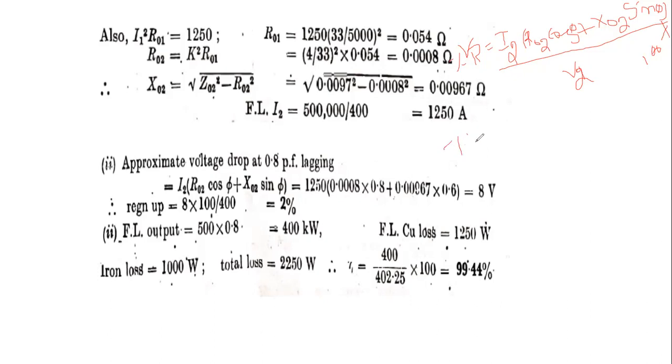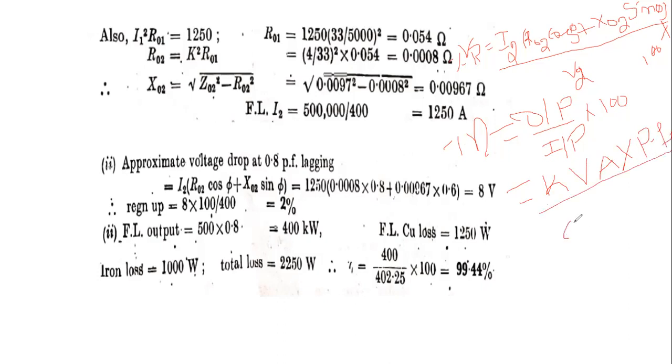Next, what is the percentage efficiency? That is equal to output by input into 100. If there is no output given in the question, then we use the formula KVA into cos phi, KVA into power factor, then we obtain the output in watts, by input. What is the formula for input?